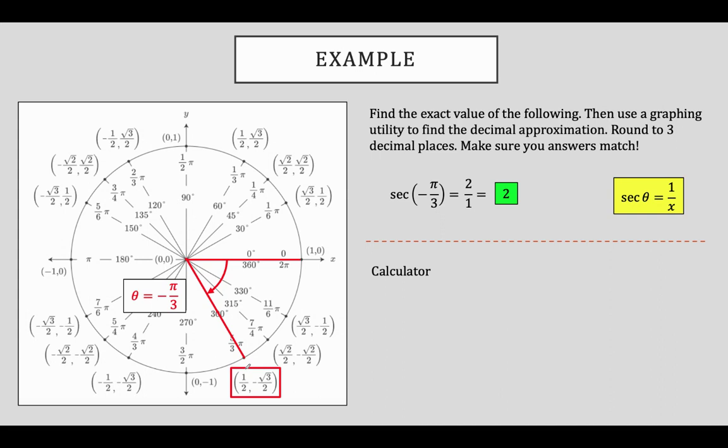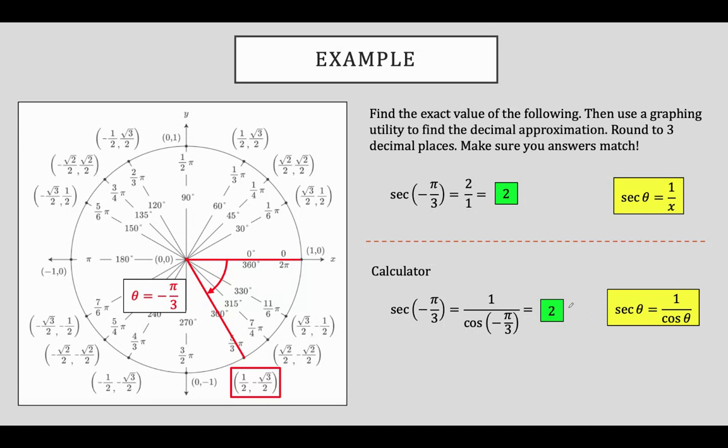And in our calculator, the secant of negative pi over 3. Again, we don't have a secant button on our calculator, but we can use the fact that secant is the reciprocal of the cosine function. Secant theta is equal to 1 divided by the cosine of theta. So in my calculator, I type this in, 1 divided by the cosine of negative pi over 3, and hit enter, and we do indeed get 2.